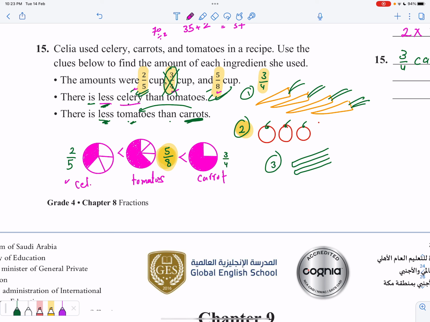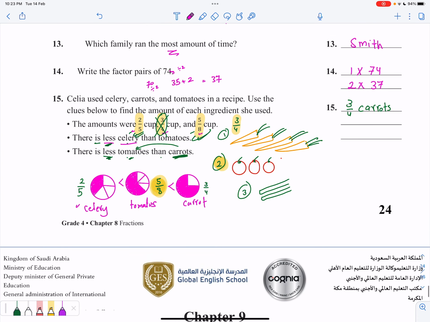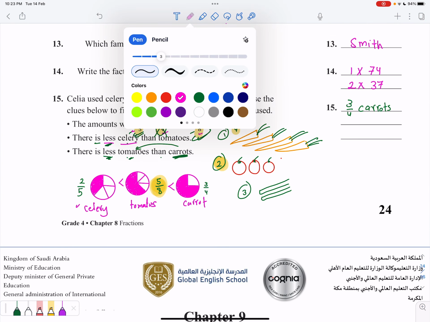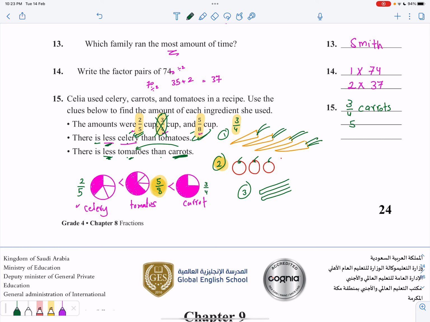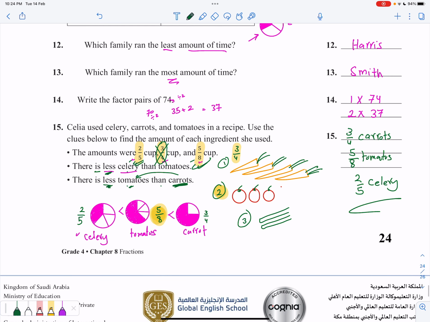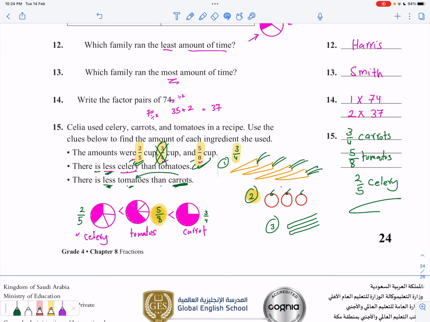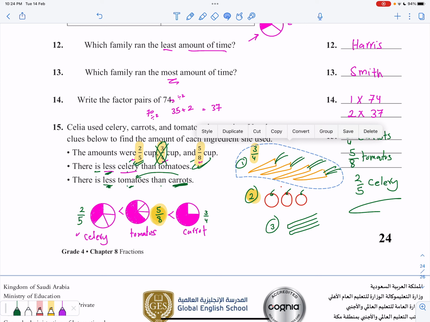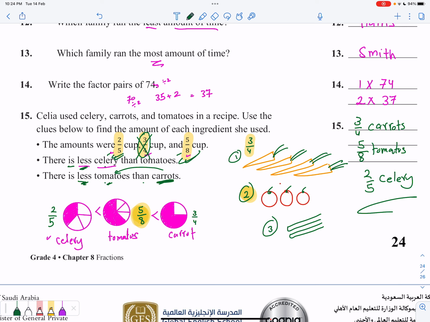Let's write that here: 5/8 for the tomatoes, and 2/5 for the celery. So this is just a comparing fractions problem, but we had some fun with the drawing and the vegetables. I hope that you draw these vegetables so you can enjoy this question just like I did.